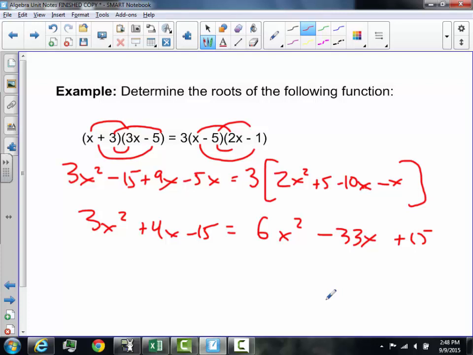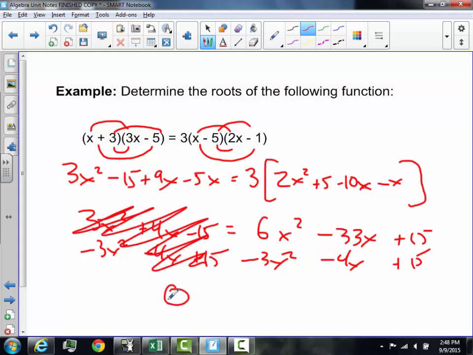Straighten it out now. So make one side equal to 0. It actually doesn't really matter which side you make equal to 0, but I have a personal preference. I like my x squared terms to always be positive. That's how I like it. So if I was doing that, I'm going to subtract the 3x squared from that side. I'm going to subtract the 4x and add 15.